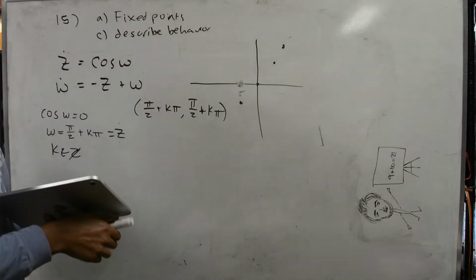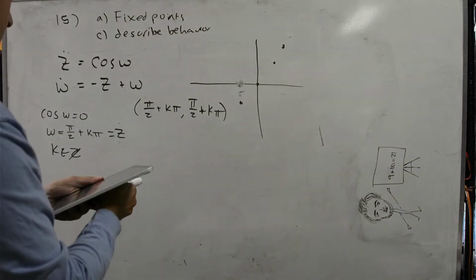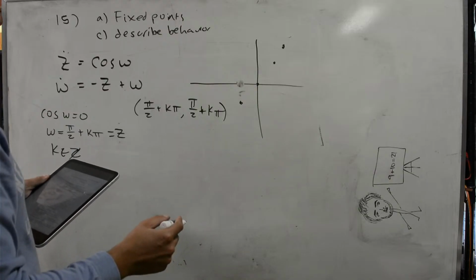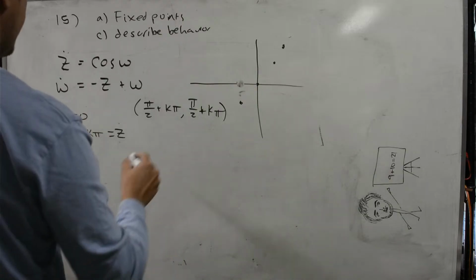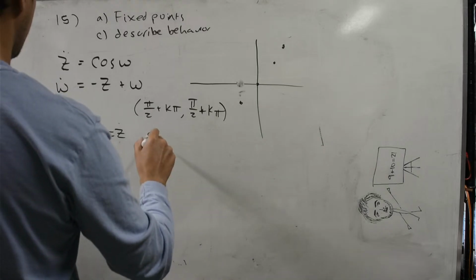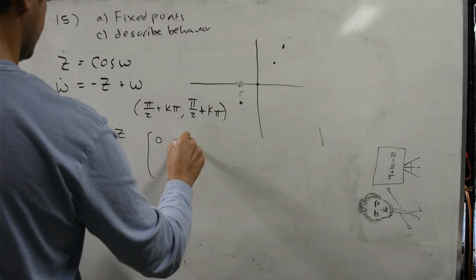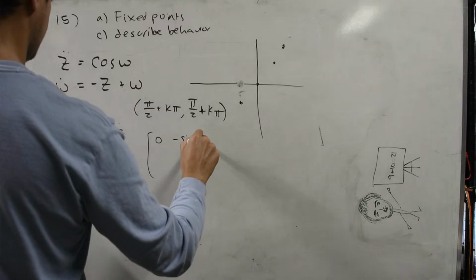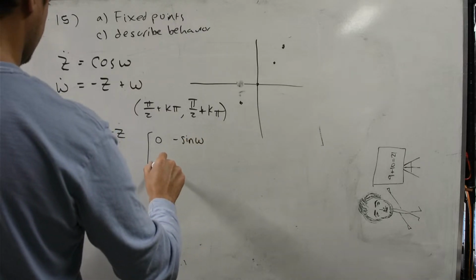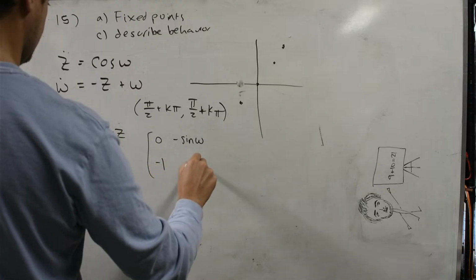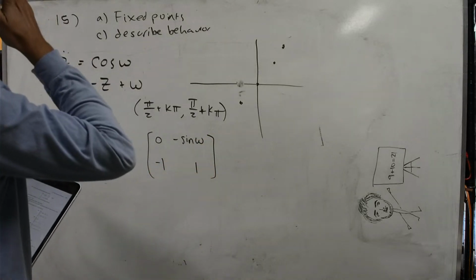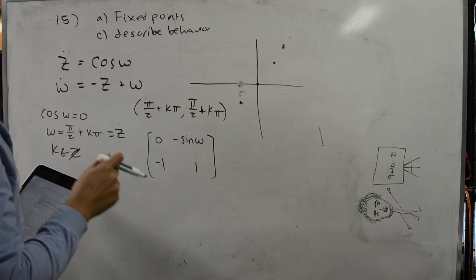Okay, if we have... can we always linearize? I think we might be able to, right? So we're gonna get... okay, then we're just gonna plug in a point like 0, 0.